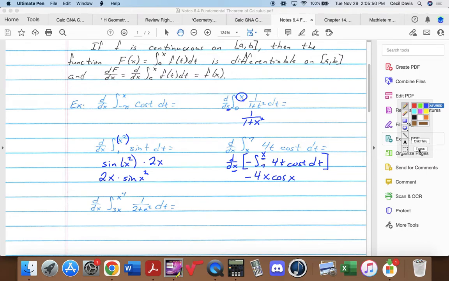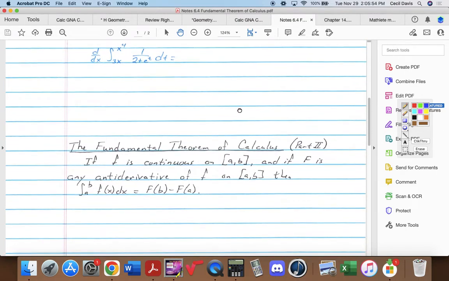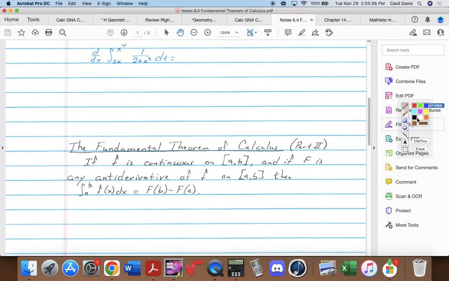All right, this last one, going to need a little room for it. How is this one different? Yeah, there's two different functions. There's no constant. Well, here's what we can do then.